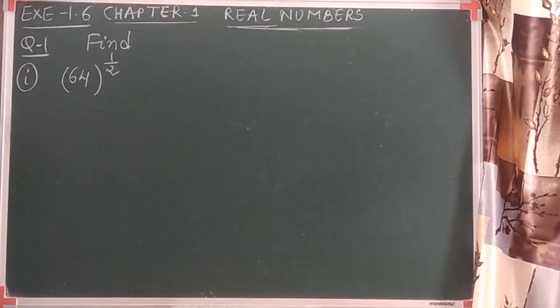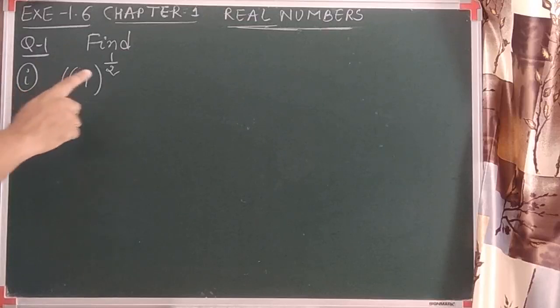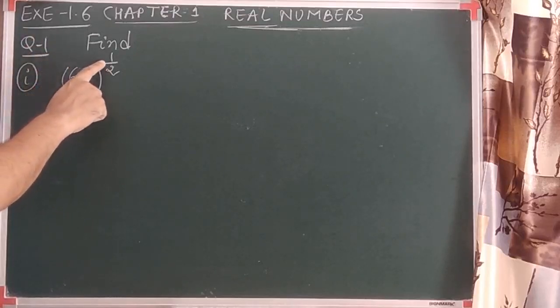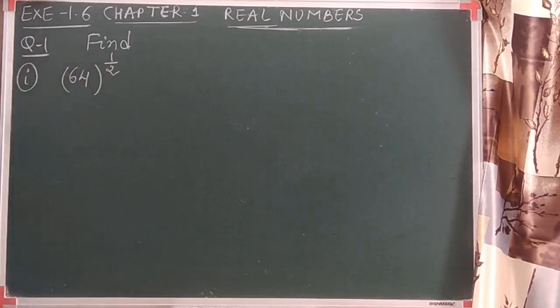So what do we have to do? We have to convert 64 into a term whose power is 2. I repeat, we have to convert 64 into such a base that the power obtained is equal to the denominator of the power. That means we will convert 64 into a number whose power is the denominator of our existing power. So 64 is the square of what? 8.